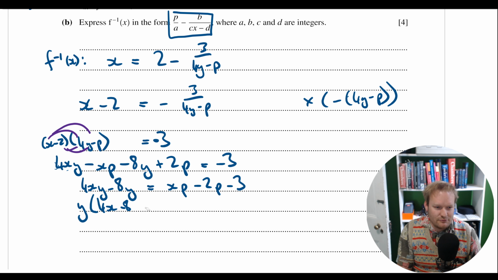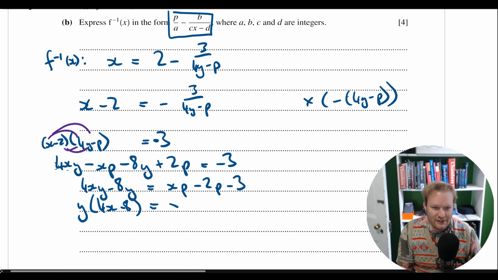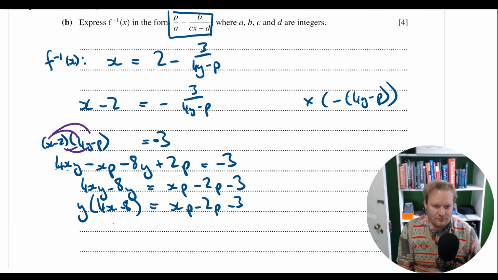Minus 8. Factorization going wonky here already. xp minus 2p minus 3. And then we've got y equals now this big fraction. This is where things are going to be interesting, where I'm going to write it out as one big fraction and then see if we could do that a bit quicker. Great straight line there, isn't it?